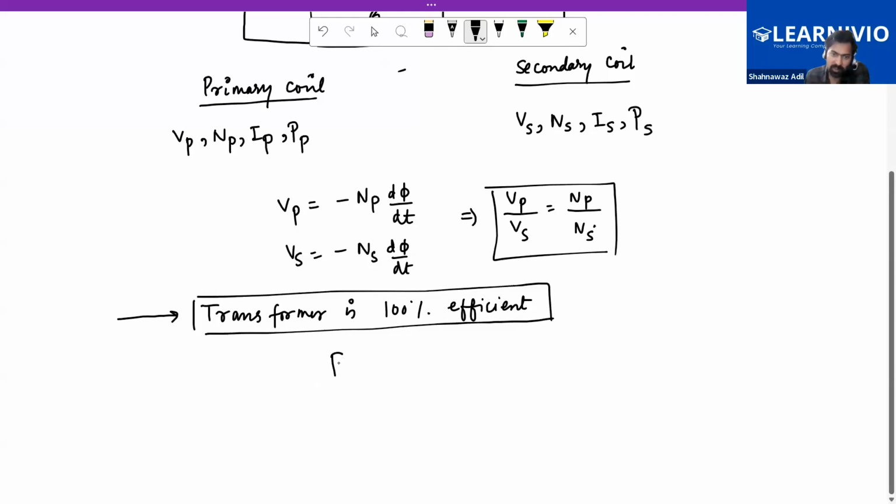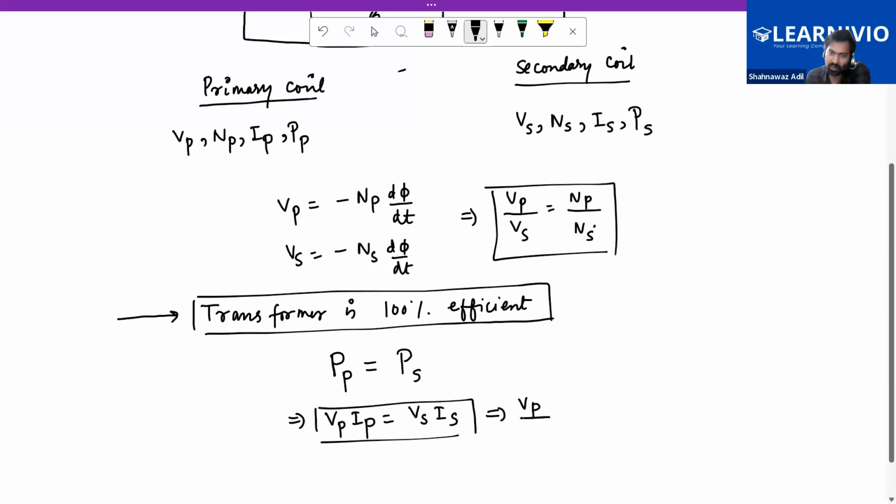Whatever power is generated in the primary coil would be equal to the power in the secondary. So Vp Ip would be equal to Vs Is. So we will get Vp by Vs equal to Is by Ip. This is the condition that we get for a 100% efficient transformer.